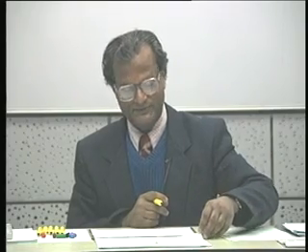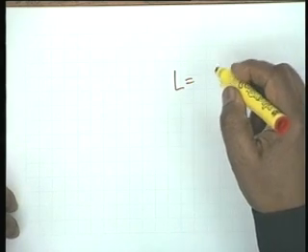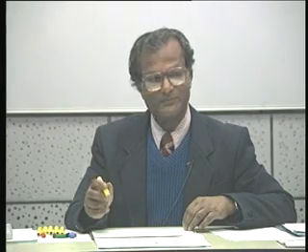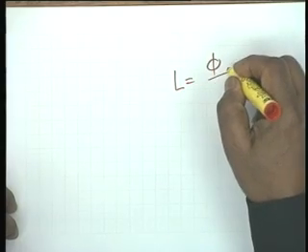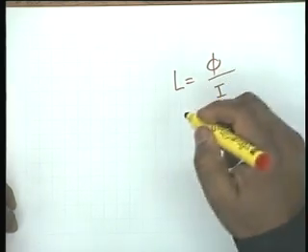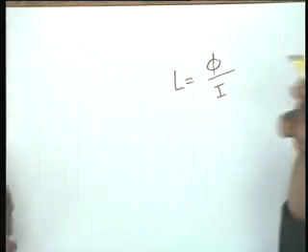So, in integrated circuits, you see, inductance by definition, listen to me carefully. What is the definition of inductance? Phi upon I. Inductance is the flux per unit current. This is the definition of inductance, flux per unit current.